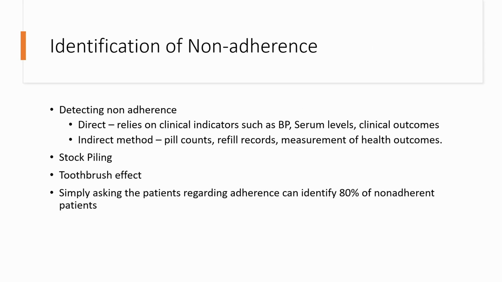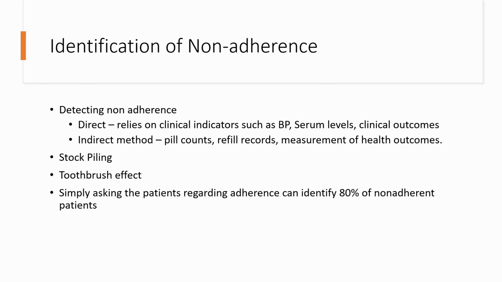Next is, how can you tell if there is non-adherence? So we have two main methods of determining non-adherence. First is the direct method. So in the direct method, you rely on clinical indicators such as our blood pressure, serum levels, and clinical outcomes.